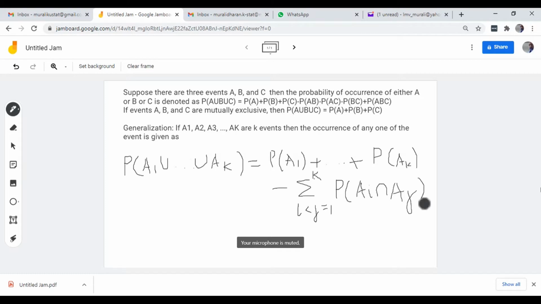It's not over. Plus, next definitely. Look at the three events case: first three are all individual probabilities, then minus the pairwise intersections, plus last A, B, C added.